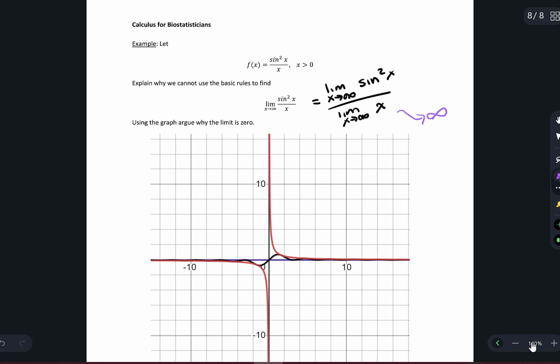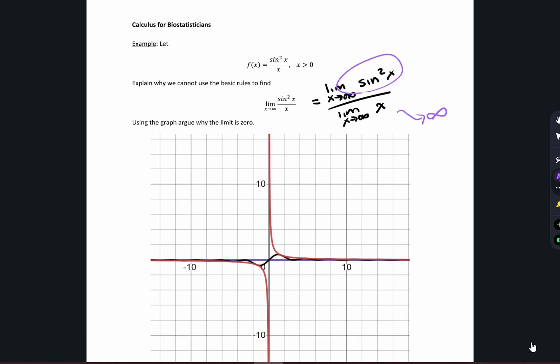And we do have a limit law that helps us when the denominator goes to infinity, but the problem is that we need the numerator to go to a finite number. But this is going to oscillate between 0 and 1 because it's a periodic function. And so we're actually never going to get this to go to a finite number in the limit, so it ends up that we can't use our limit laws.